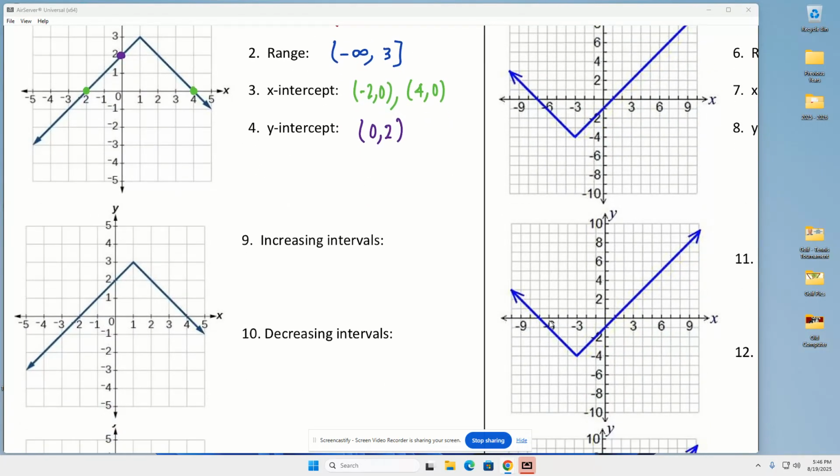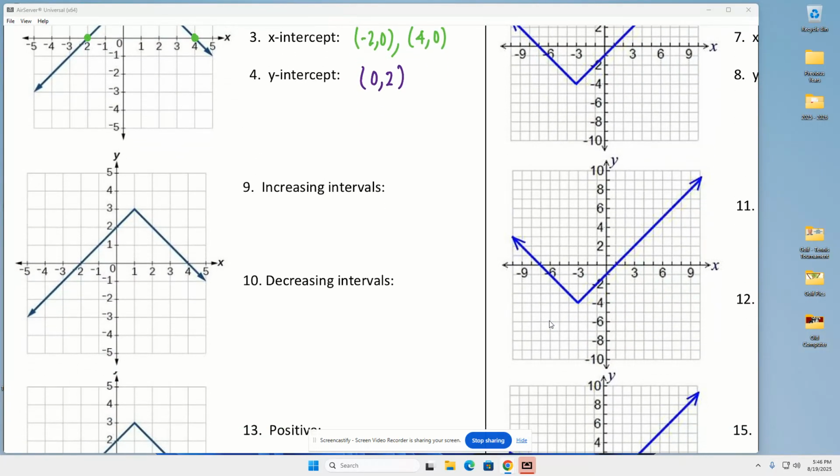Now, along the same problem, they just made another graph just so you could picture it. We're talking about our increasing intervals. Now remember, as we're reading this graph from left to right, we're naming the place where it's increasing or decreasing. So I want you to picture this graph right here. When I run into it right off the bat, what's it doing from left to right?